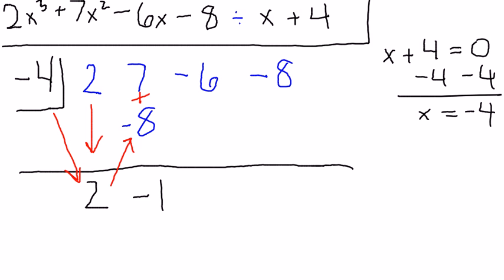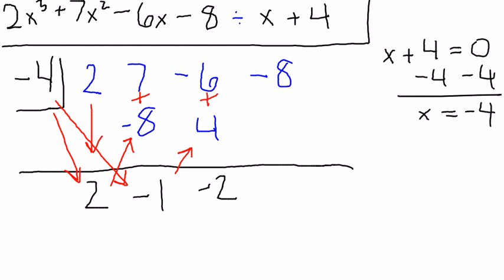Next thing, multiply negative 4 and negative 1 together, and bring it up under negative 6. So that would be negative 4 times negative 1 is positive 4. So you put your 4 there, add those two numbers together, negative 6 plus 4 is negative 2.